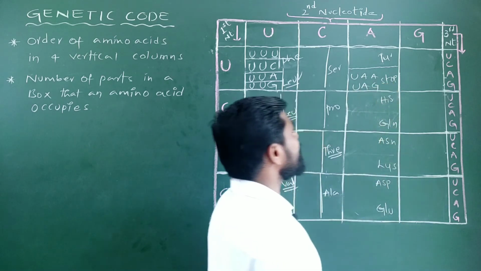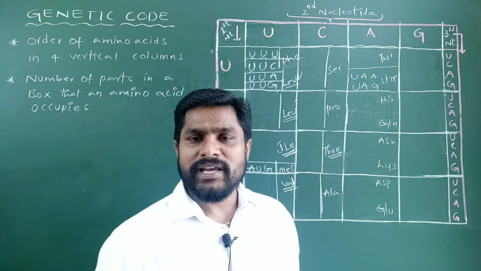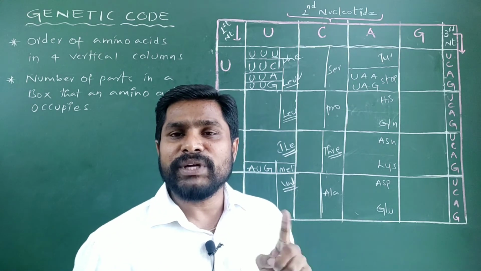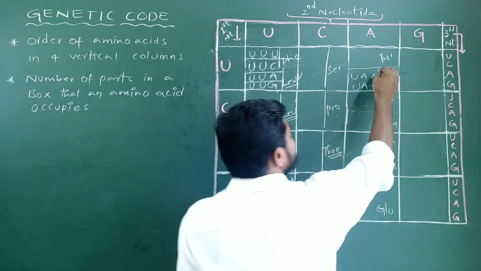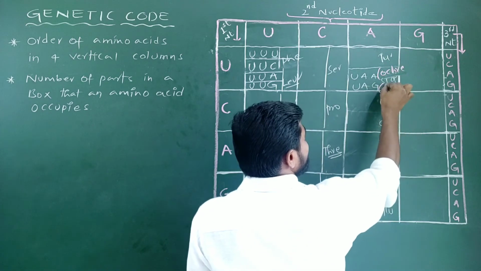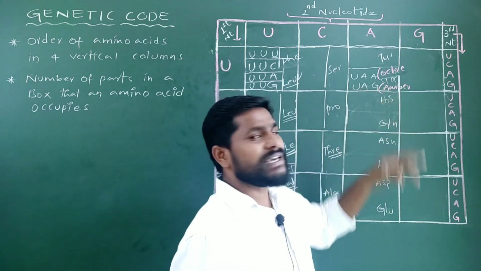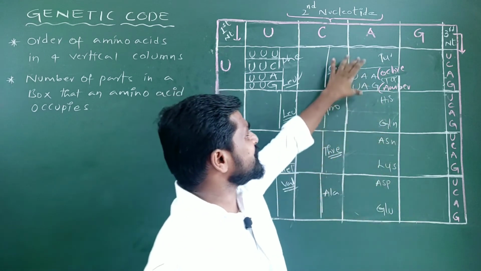These UAA and UAG are the stop codons which don't code for any amino acid during translation, but are involved in the termination of the translation process. UAA is otherwise called ochre and UAG is called amber. The triplet codon UAG, amber, was the first discovered stop codon. This is about the first box.